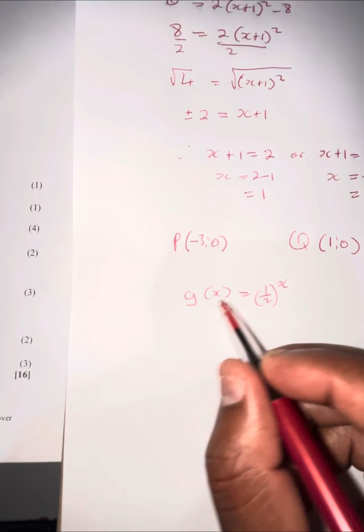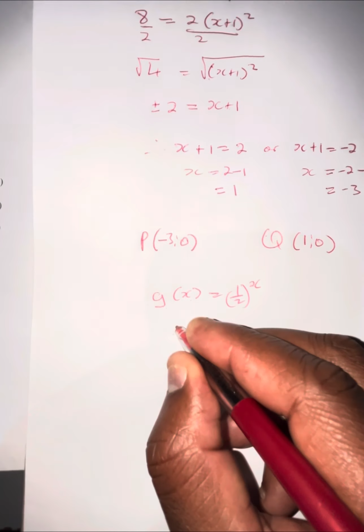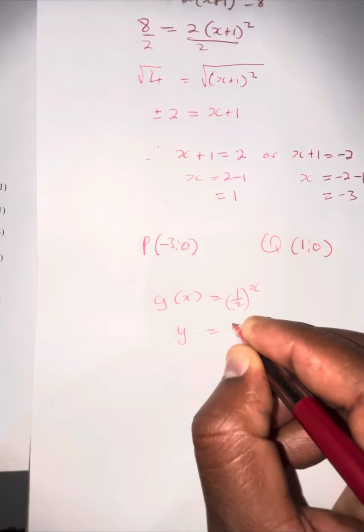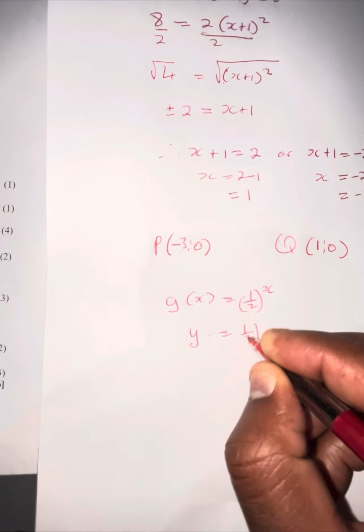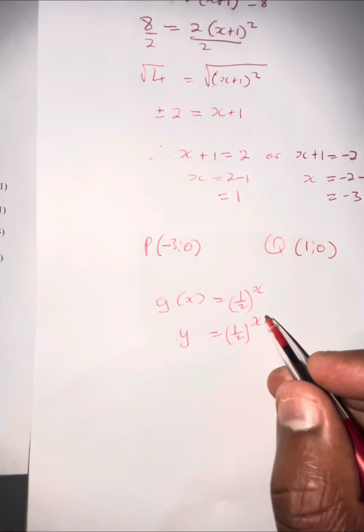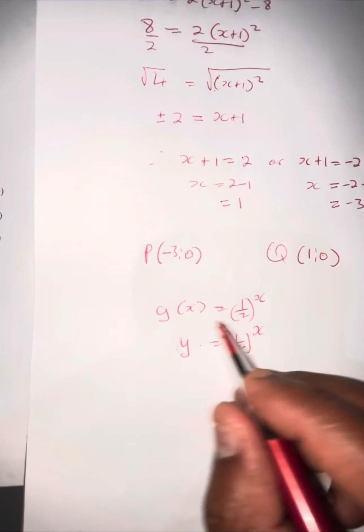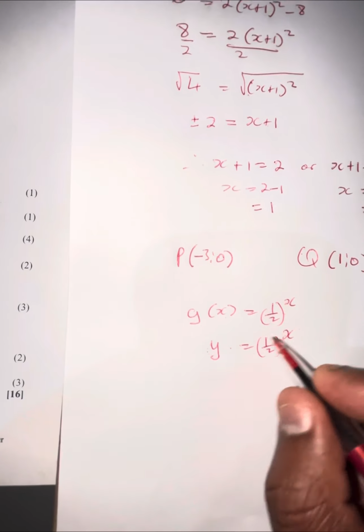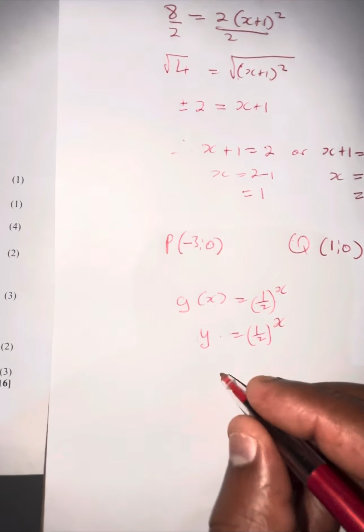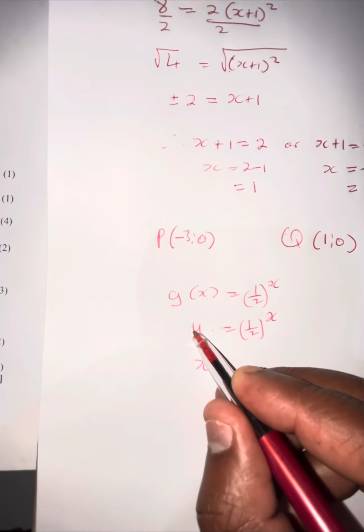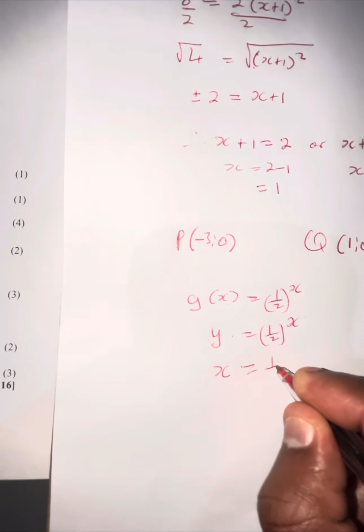So g(x) is the same as y, so we can say y equals (1/2) to the power x. Therefore, if you want to find the inverse of this graph, you swap the values. Where there is y, it will be x, and x equals (1/2) to the power y.